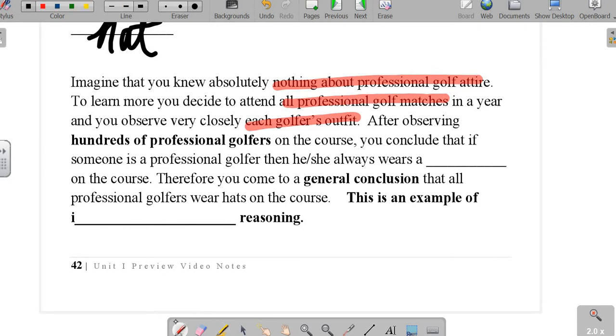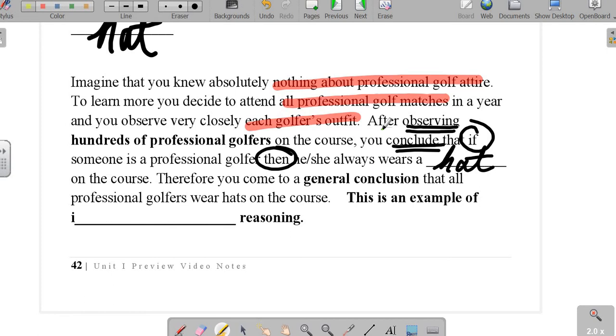After observing hundreds of golfers on the course, you conclude that if someone is a professional golfer, then he or she always wears a hat on the course.